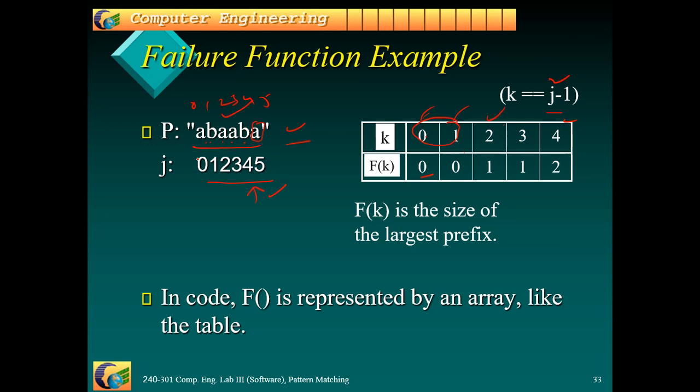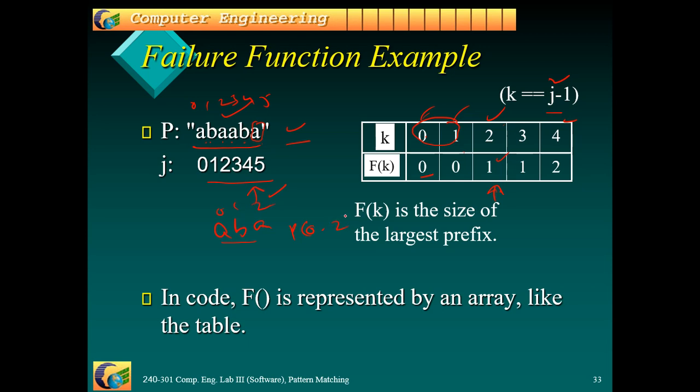From 2 you can see, for example, you have ABA. In this, how do you calculate the failure function value? This is your string to identify the prefix, P of 0 to 2, which is 0, 1, 2.